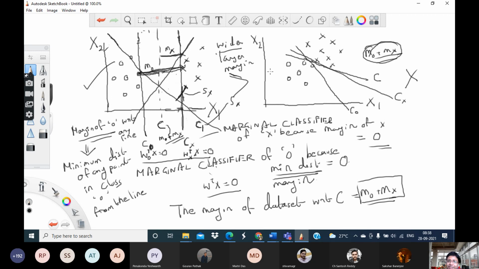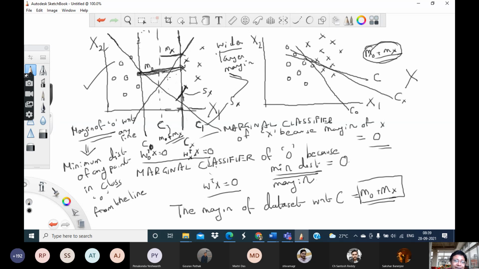And not only is it easier to find, but even if in this data set we do manage to find a line like C which separates the two classes, it's possible that it will no longer work in the testing phase. It will no longer give us high accuracy, because as someone already pointed out, there can be some points like this, some points like this, which are not outliers, but which will get misclassified with respect to C. That is, the margin of error is really less.